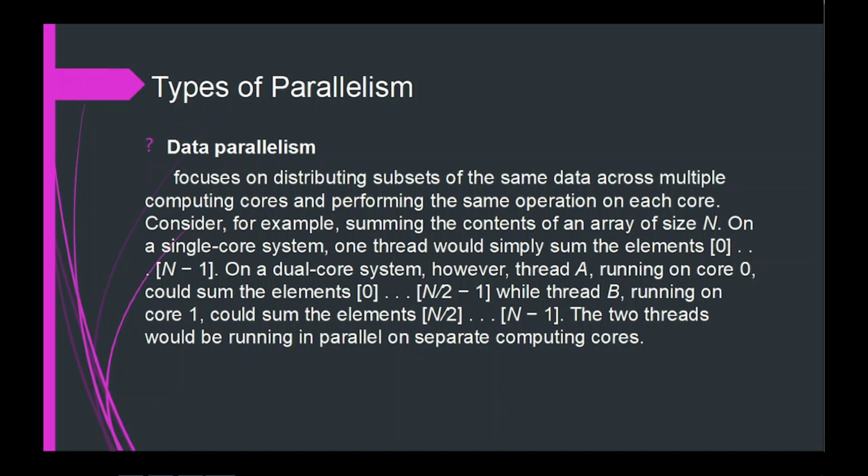One thread will simply sum the elements 0 to n minus 1. On a dual-core system, however, thread A running on core 0 could sum the elements 0 to n/2 minus 1, while thread B running on core 1 could sum the elements n/2 to n minus 1. The two threads would be running in parallel on separate computing cores.